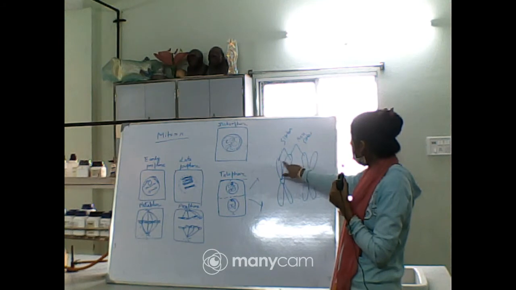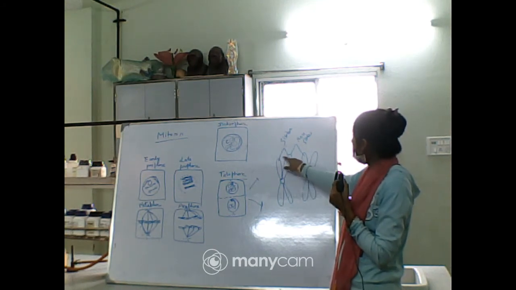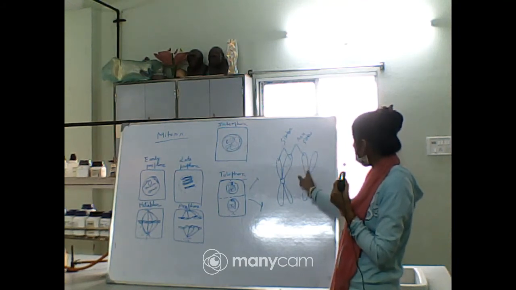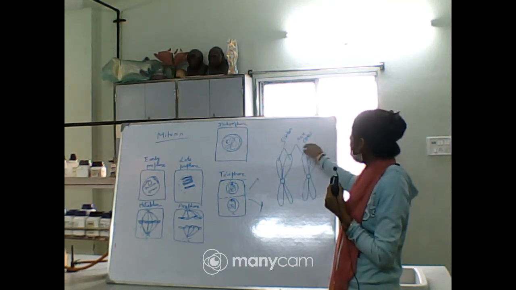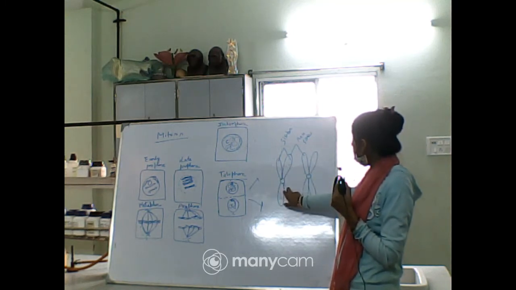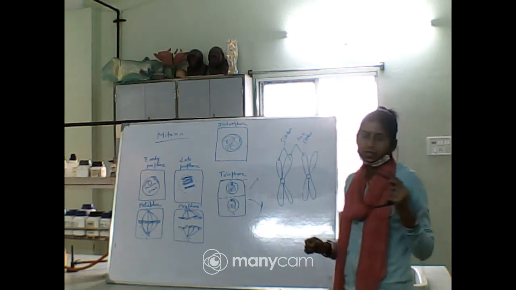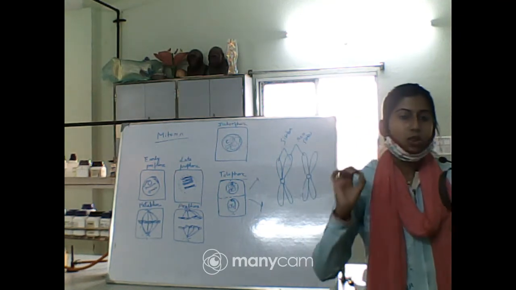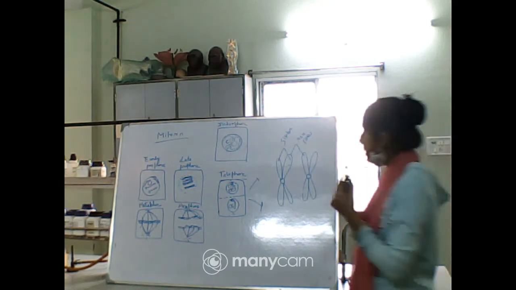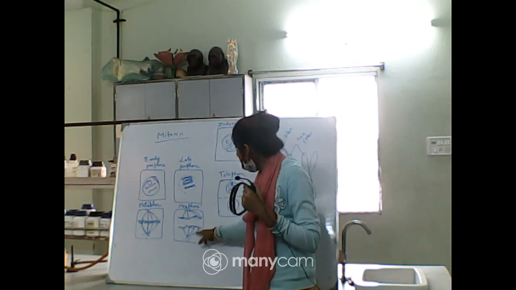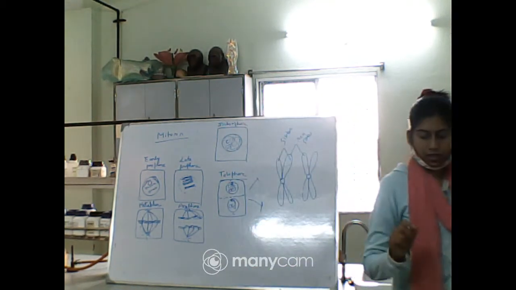The two chromatids of a single chromosome are sister chromatids, but the relation between chromatids of two different chromosomes is considered non-sister chromatids. In the anaphase stage, the separation of the sister chromatids takes place. You can see they are moving towards the poles.